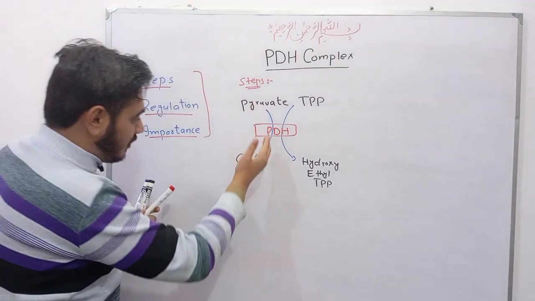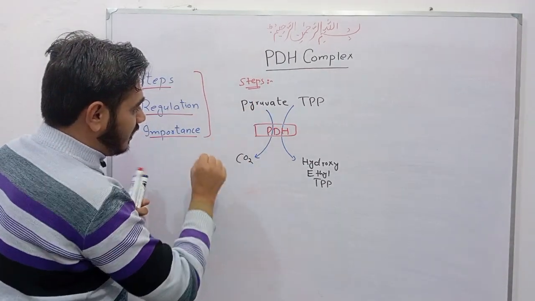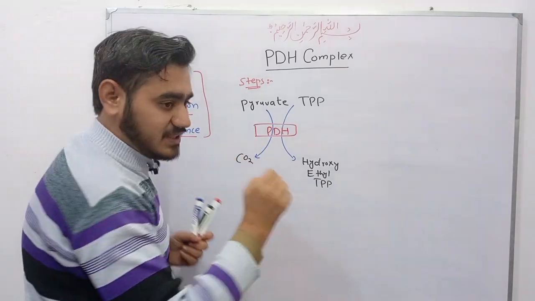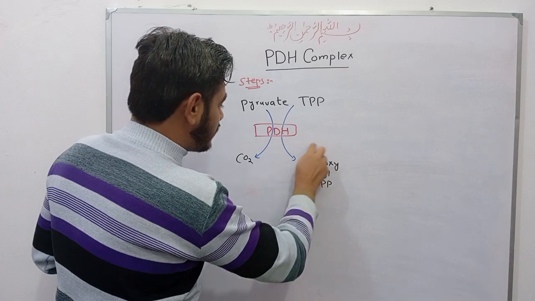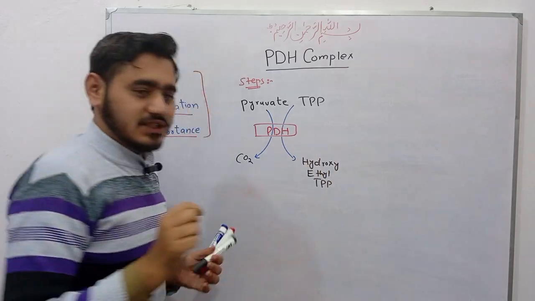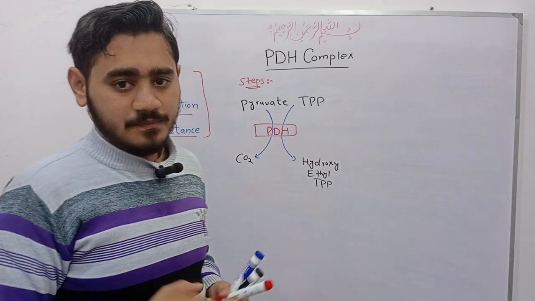There is a removal of carbon dioxide from pyruvate and acceptance of the hydroxyethyl group from pyruvate by thiamine pyrophosphate, which is converted into hydroxyethyl thiamine pyrophosphate.